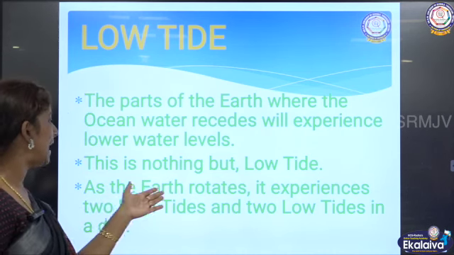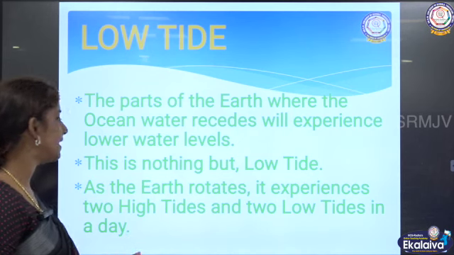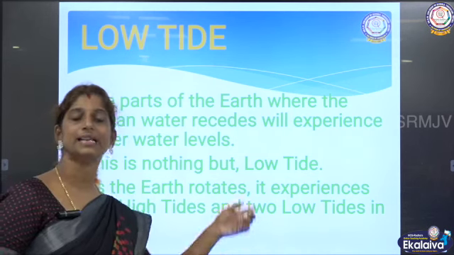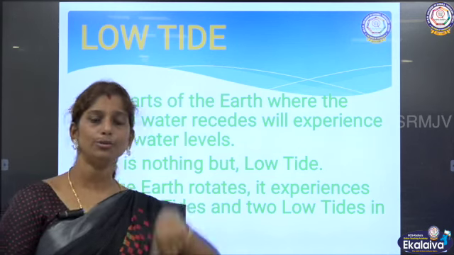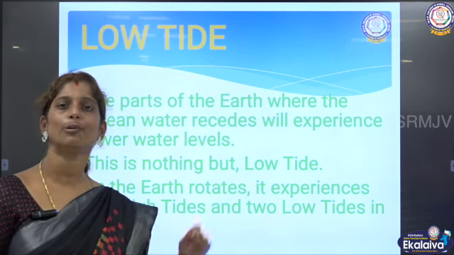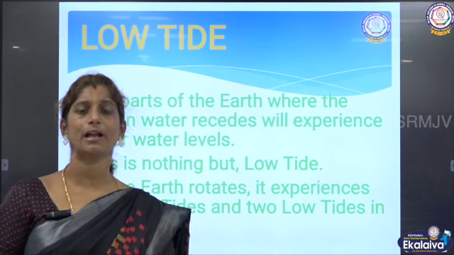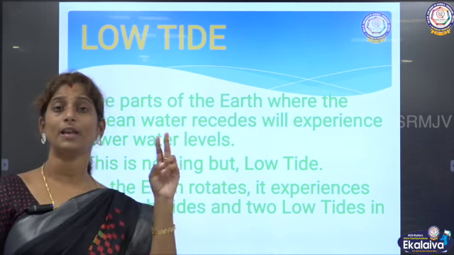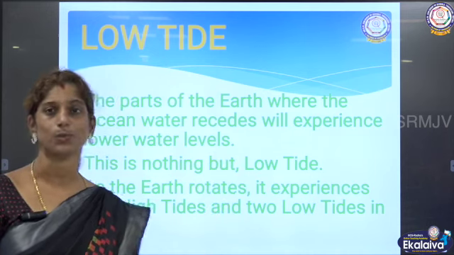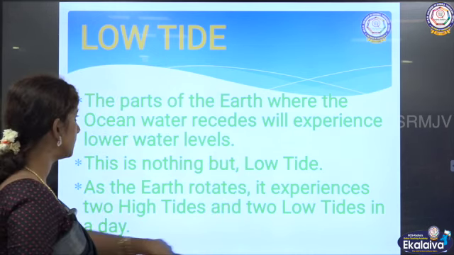And then as the earth rotates, it experiences two high tides and two low tides in a day. So in one particular day, due to the rotation of the earth, as we know, one rotation is 24 hours. So within a 24-hour day, the earth will experience 2 high tides as well as 2 low tides.